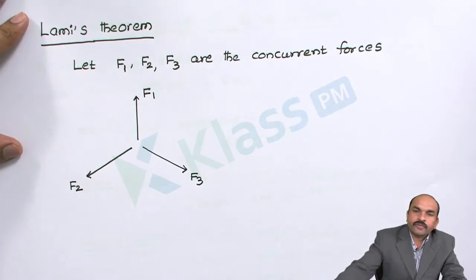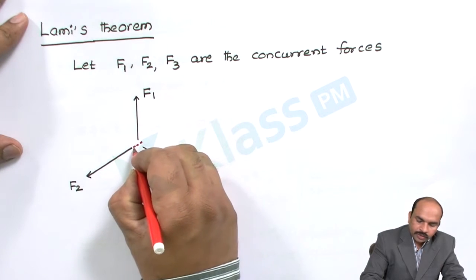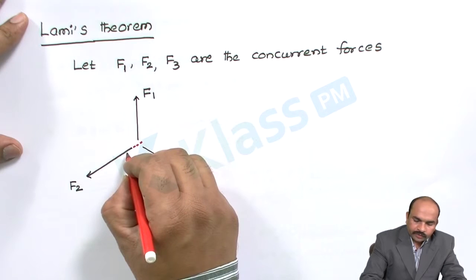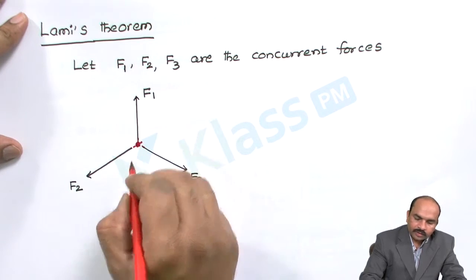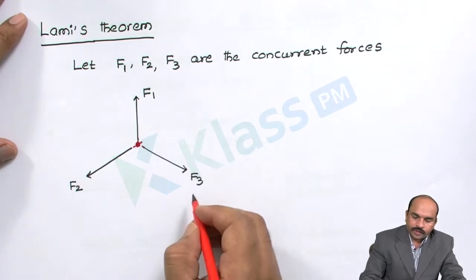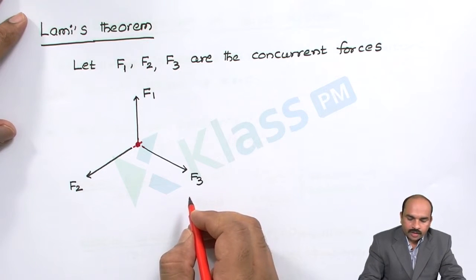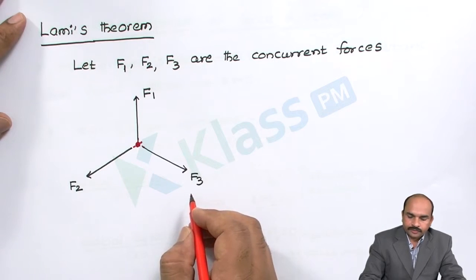Concurrent forces means the line of action of all the three forces meets at a point. Or simply, if all three forces F1, F2, F3 are meeting at a common point, we can say those forces are concurrent forces.